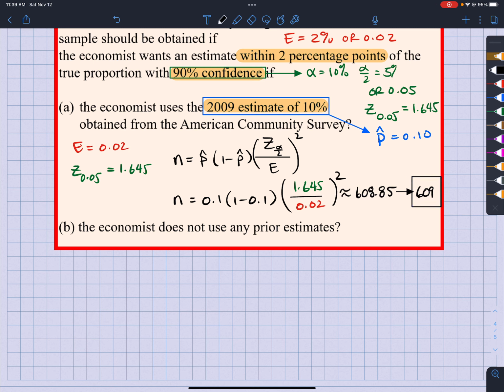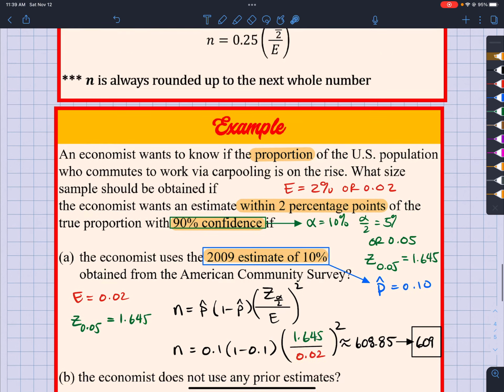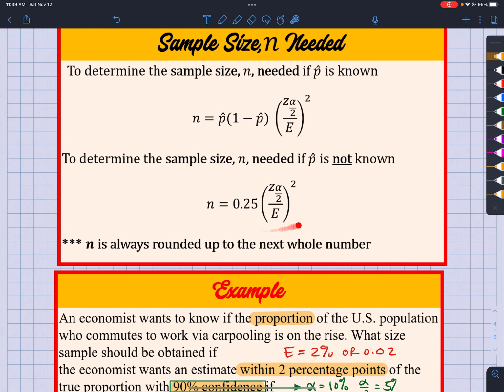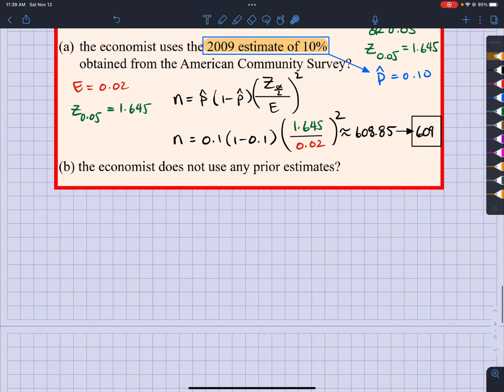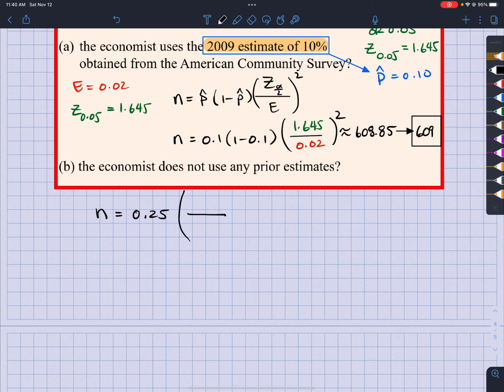All right, so what if the economist does not use a prior estimate? In that case, we would want to use this formula here. If we don't use a prior, then n is equal to 0.25 times z of alpha divided by 2 over e, squared.